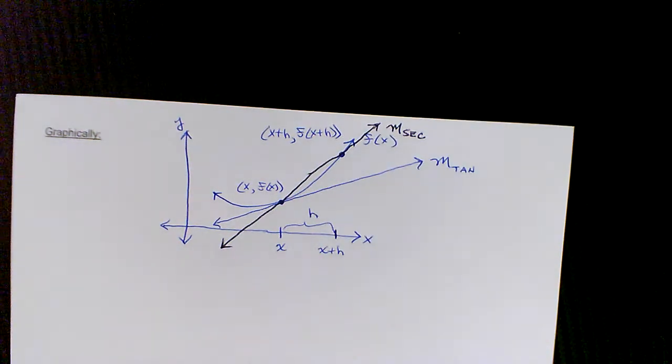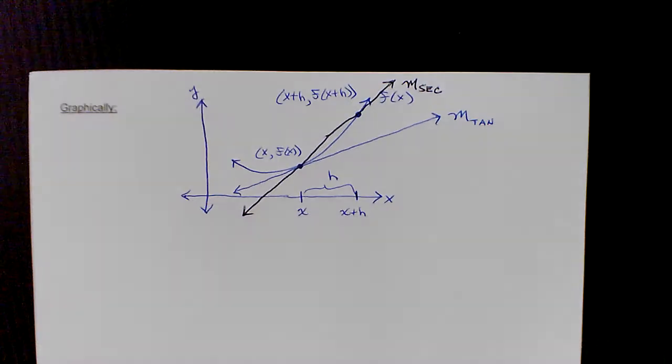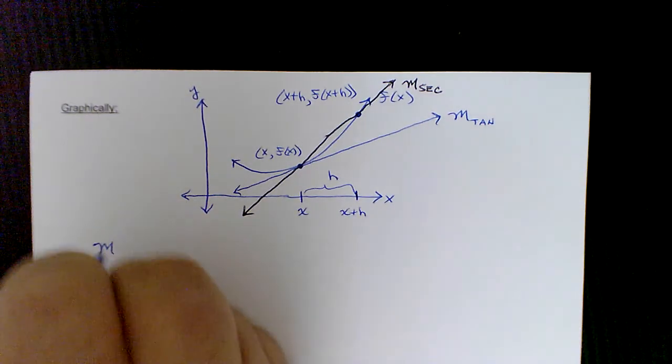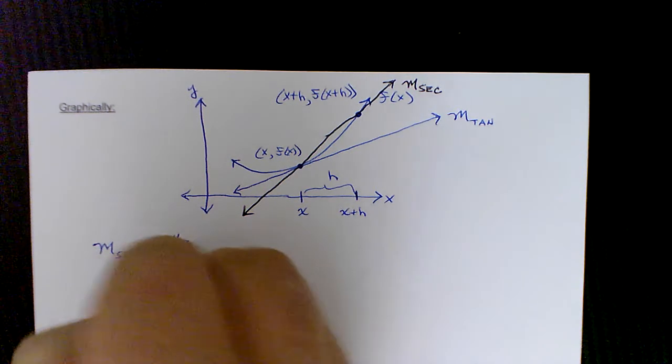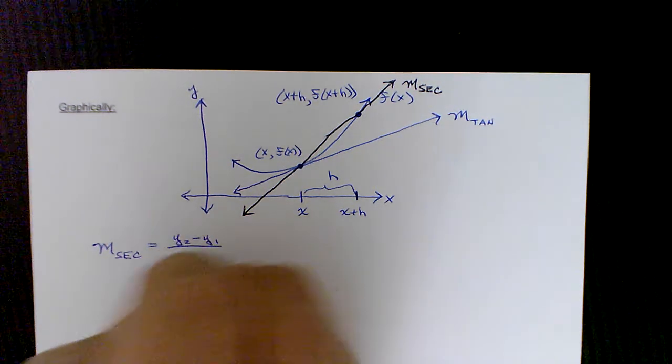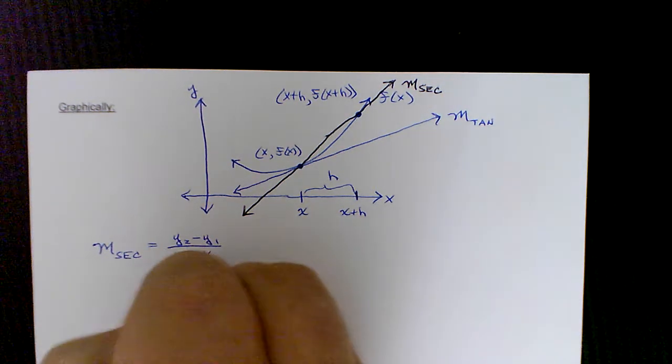Alright, so let's calculate what is the slope of the secant. So the slope of the secant is the change in y over the change in x, or y2 minus y1 over x2 minus x1.